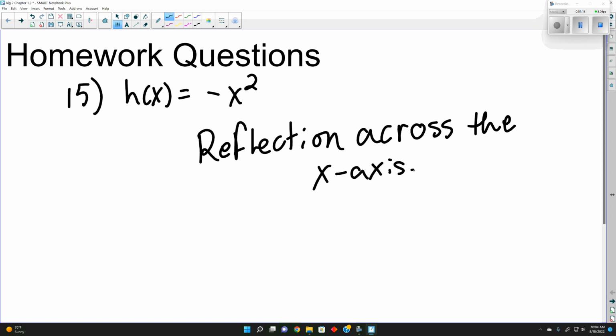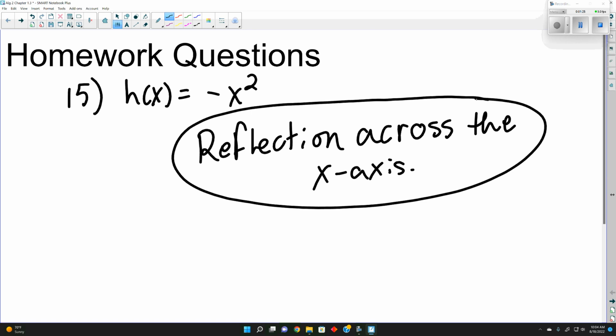That's it. Because that's the only transformation that has been applied. Okay. So for 15, that right there is the answer.